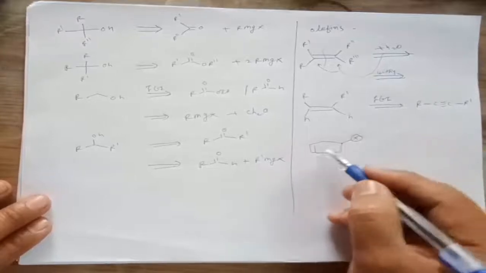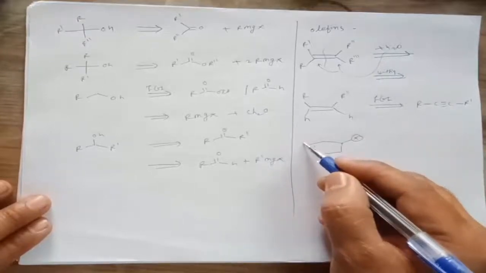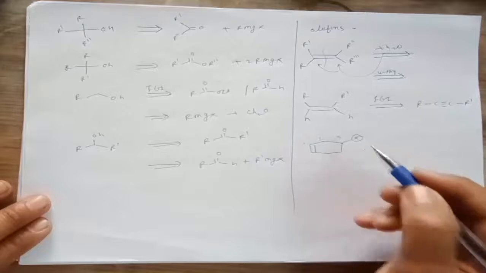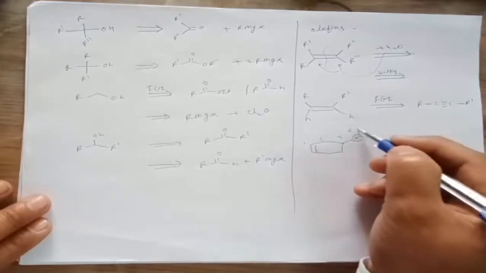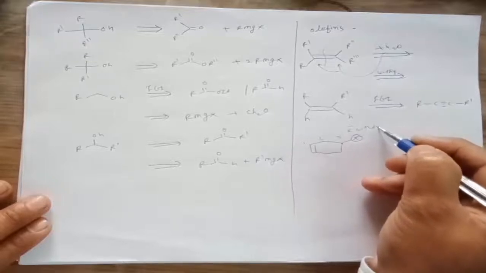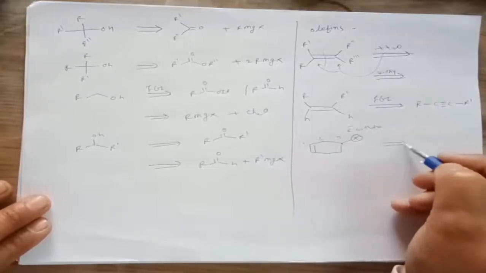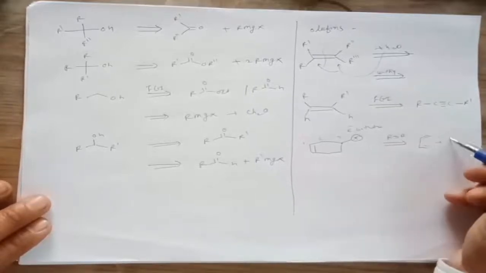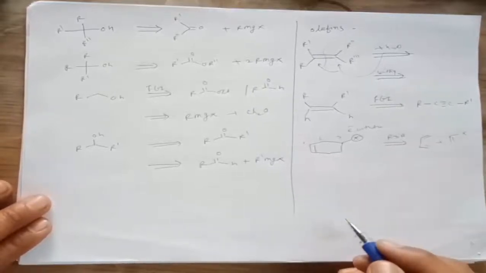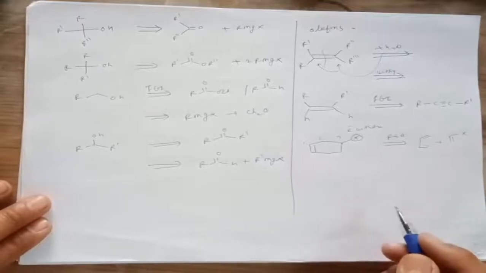Consider the olefin carbons numbered 1, 2, 3. If at position 3 there is an X group which is electron withdrawing, then we can go for a retro-Diels-Alder reaction with 1,3-butadiene to form such compounds. So this is one of the methods.